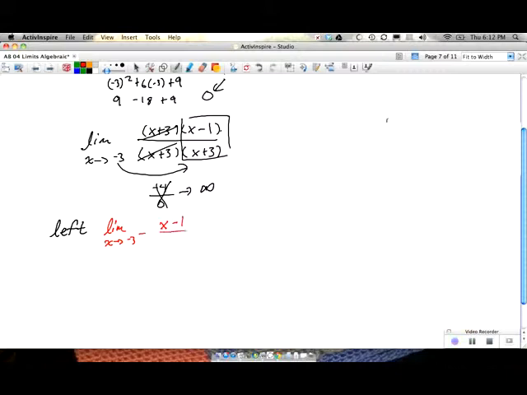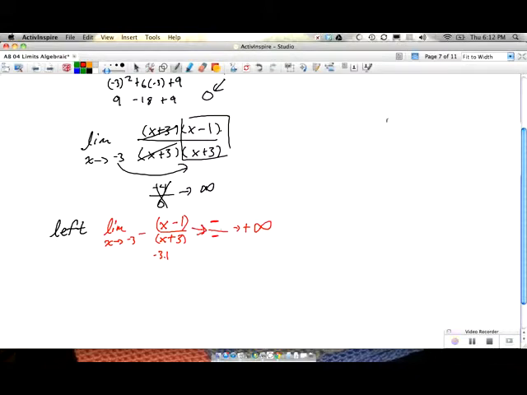Now we've simplified this down to just x minus 1 over x plus 3. If we're looking on the left side of negative 3, that would be something like negative 3.1. Well, if I were to plug that in, on the top it's going to be negative, and on the bottom it is also going to be negative. So when I plug those two things in, negative over negative, that's going to simplify to positive infinity.